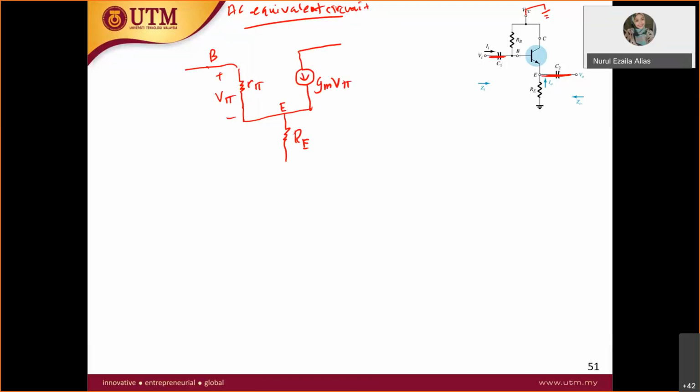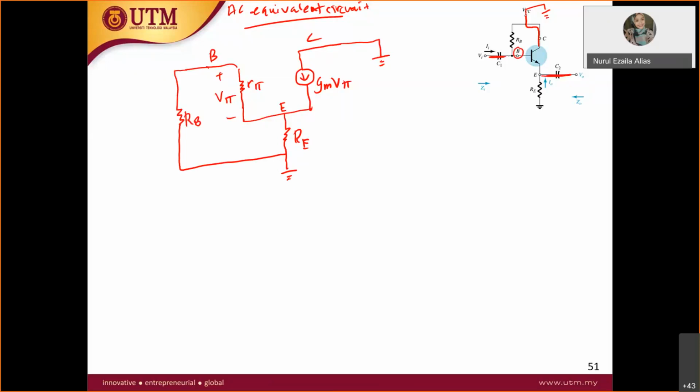Where does the gmV pi go? It goes straight to the ground. RE goes to the ground as well. At the base you have RB, and RB goes to the ground.